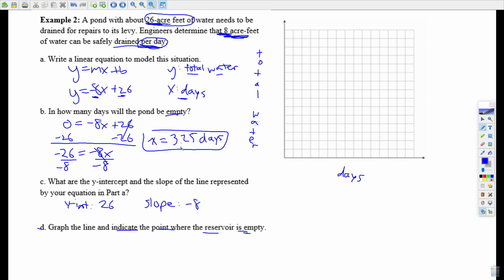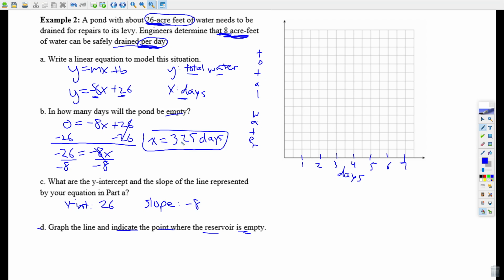So hopefully we can see that it's close to the 3.25 days. I don't have to go too many days, so maybe I can space this out. Every other block is 1, 2, 3, 4, 5, 6. So we can get out to 7.